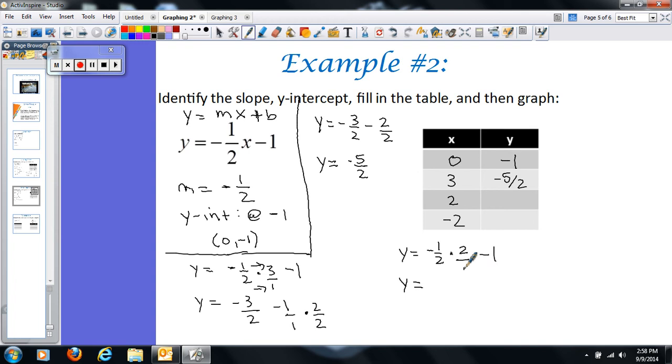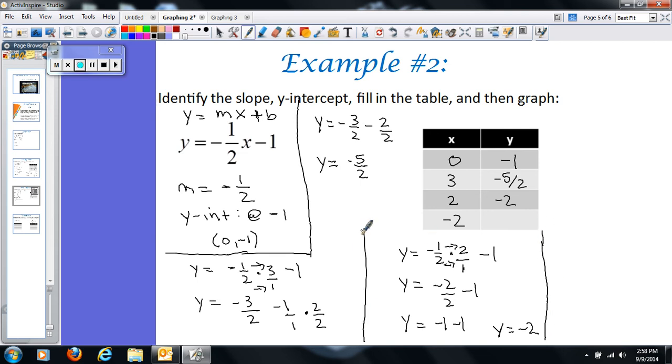Put this over 1 and multiply straight across. That's going to be negative 2 over 2 minus 1. That's going to be negative 1 minus 1, which is going to give me y equals negative 2. So you notice how this time I don't have a fraction in my y value. Okay? That's why, again, we choose multiples of the denominator.